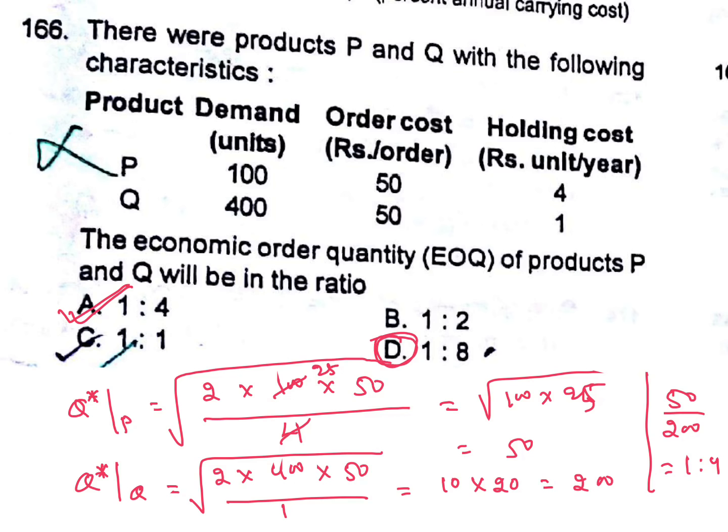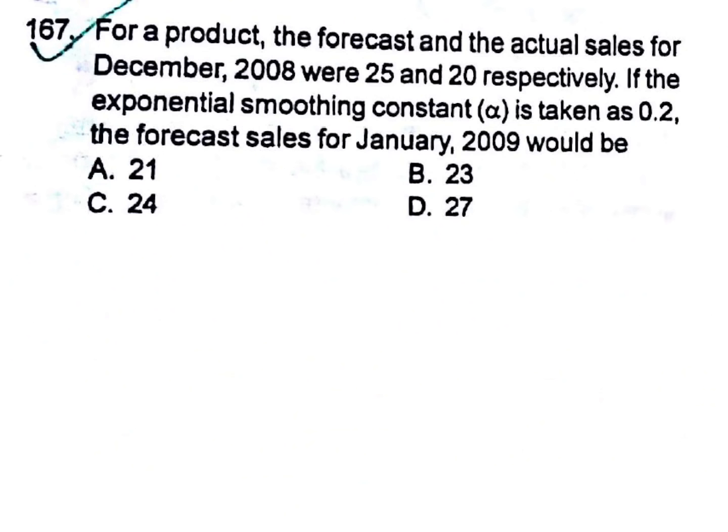For a product, the forecast and the actual sales for December 2008 were 25 and 20 respectively. If the exponential smoothing constant alpha is taken as 0.2, the forecast sales for January 2009 would be how much?